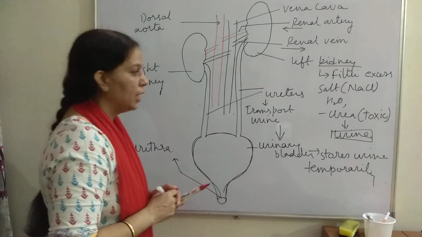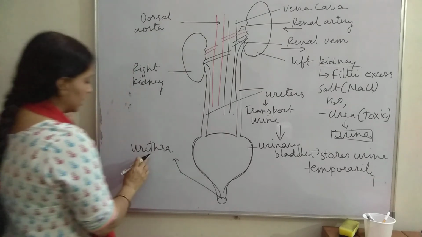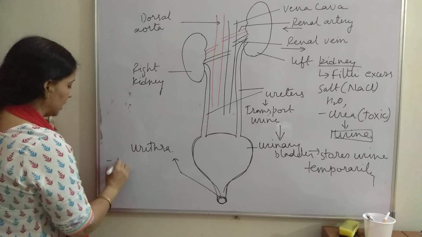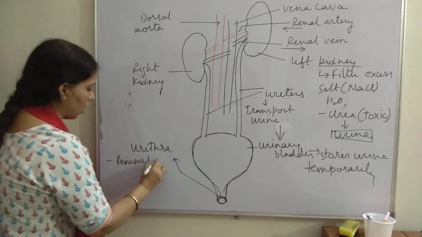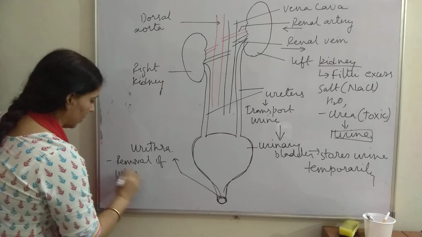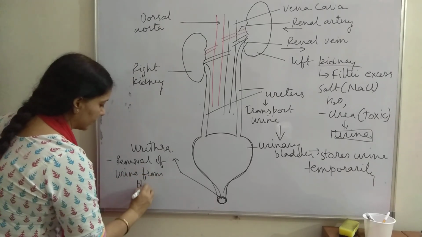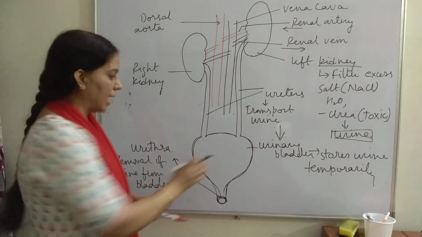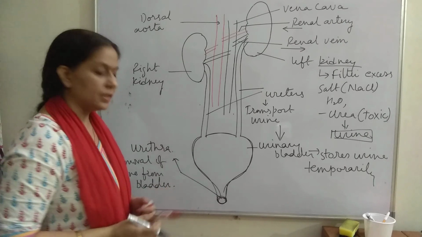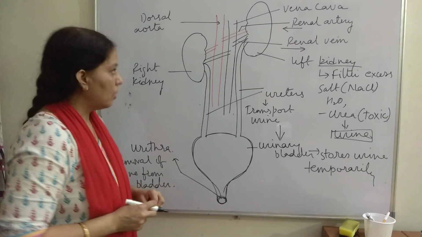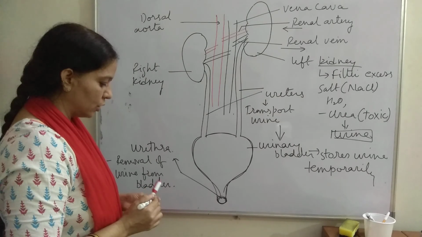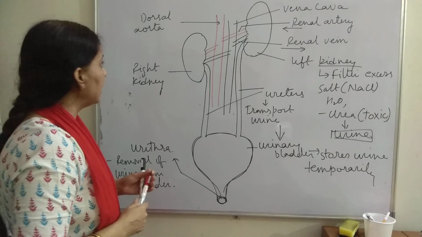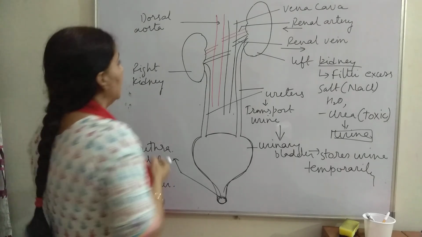Micturition means removal of urine from the bladder. And the urethra is the opening which is surrounded by a urethral sphincter, and it helps in the removal of urine from the bladder. At the urge of urination, when the bag is full of urine, this sphincter opens and releases urine out of the body. This is how all the parts of the excretory system work together, helping in the removal of highly poisonous toxic waste of the human body.